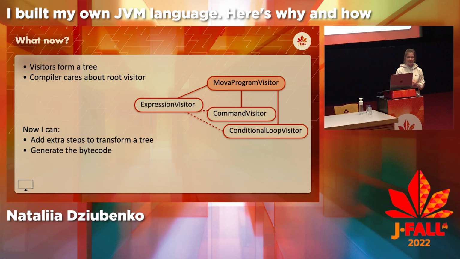What can I do with this now? If I had an ambition to do something more serious, or a more serious language, I would maybe want to create another abstract syntax tree based on the one that ANTLR provides, because maybe I want to add some extra information, maybe related to the domain or to something else.